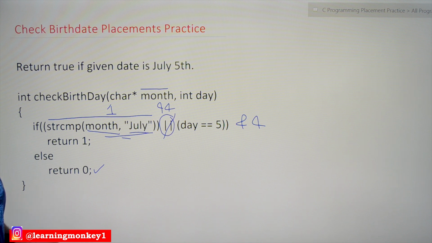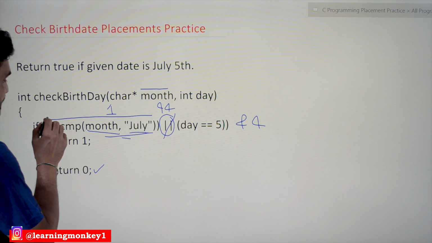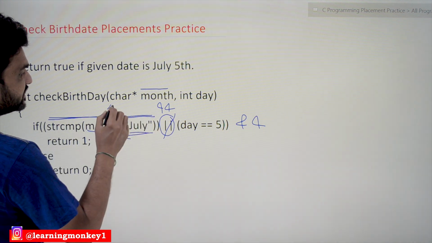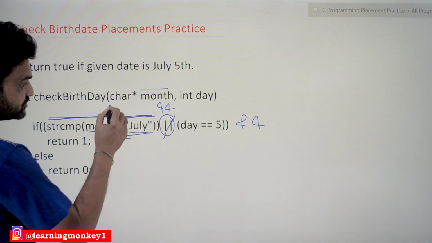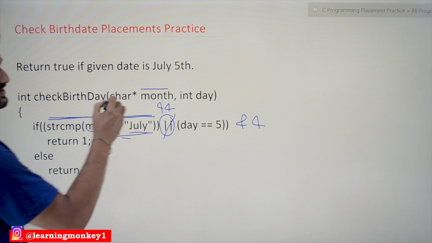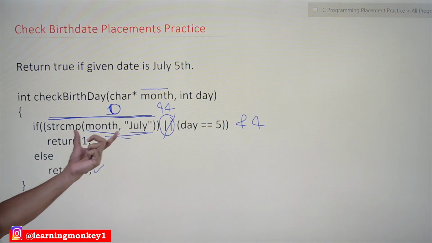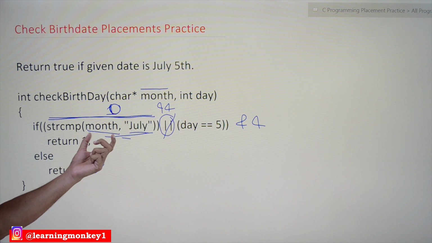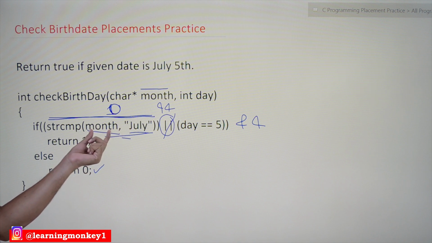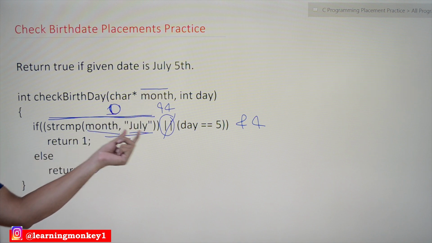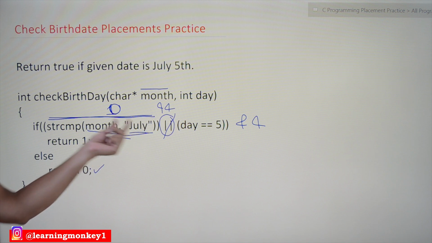but things will not work. So what is the problem? The string comparison function, if the comparison is true, is going to return an output of 0. This is the variable month and this is the string July, so both will get compared.